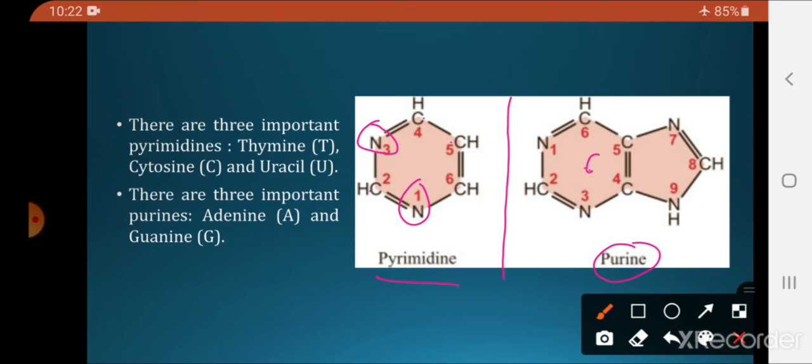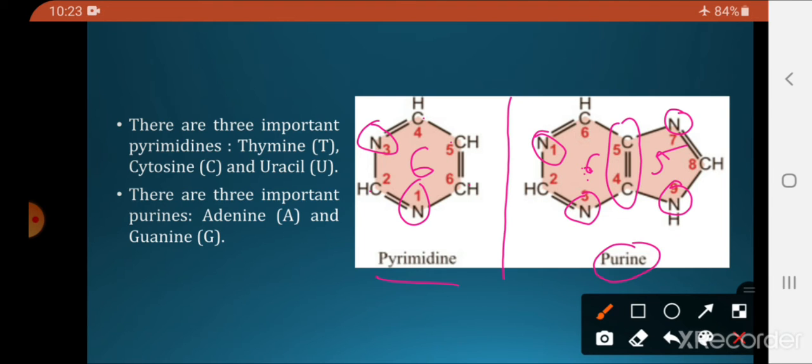This is a 6-membered ring and this is a 5-membered ring, and these rings are joined at the position 4 and 5. Nitrogen occurs at position 1, at position 3, at position 7 and position 9, and remaining all are occupied by the carbon. So this is a structure of a purine. This is pyrimidine consisting of only one 6-membered ring, whereas a purine consisting of 2 rings, one is 6-membered and another one is 5-membered.